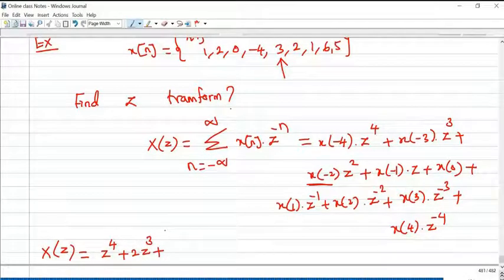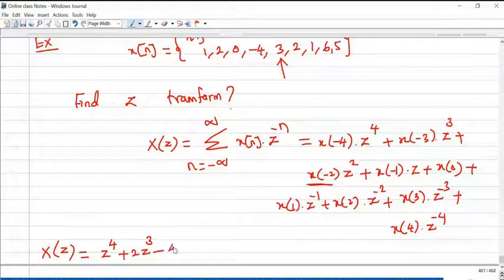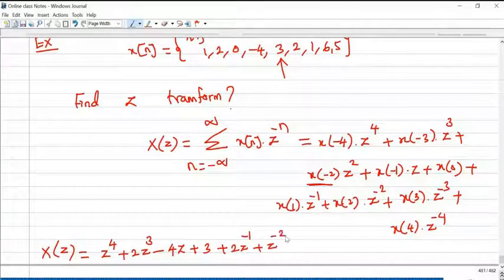Next minus 4 z plus 3 plus 2 z power minus 1 plus z power minus 2, 6 z power minus 3 plus 5 z power minus 4. So this is your result.